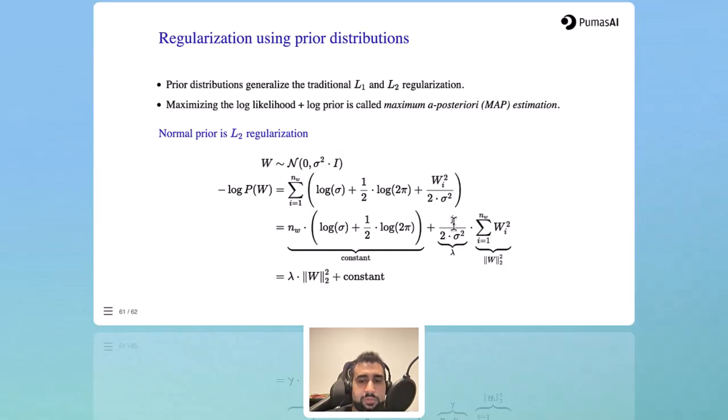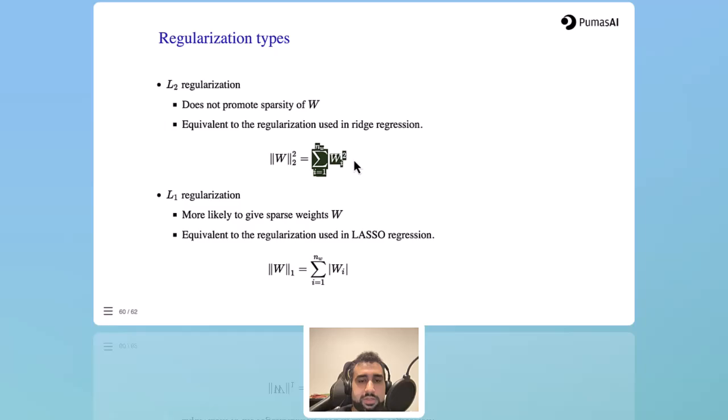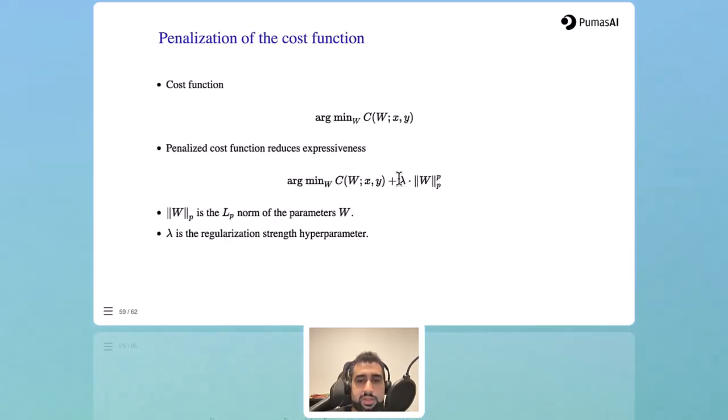And so if I just rewrite this as lambda, and then rewrite this as the square of the L2 norm of W, and then rewrite this as some constant in W, I recover the regularization that I had before, right? So that's the same regularization that I had before, or this term here essentially becomes lambda times the square of the L2 norm of W, plus some constant, right?